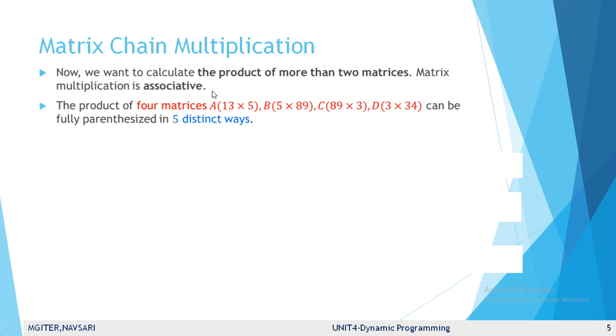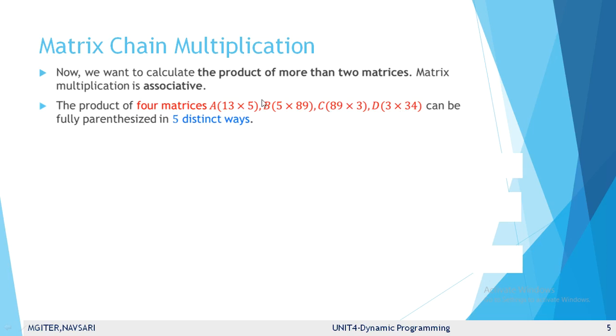Now suppose we want to calculate the product of more than two matrices. Then matrix multiplication is associative. Here we take the product of four matrices. Matrix A has dimension 13 cross 5, matrix B is 5 cross 89, matrix C is 89 cross 3, and matrix D is 3 cross 34.